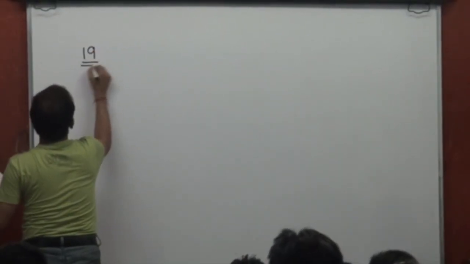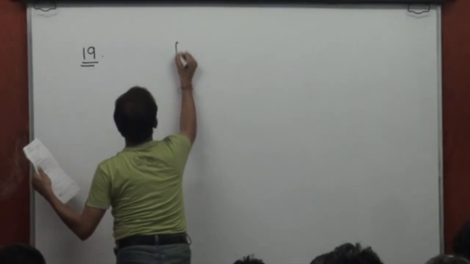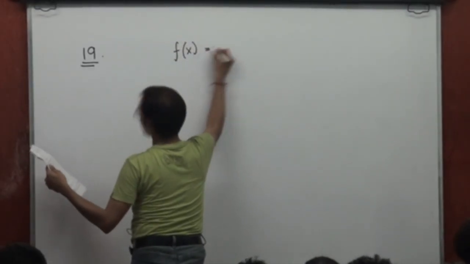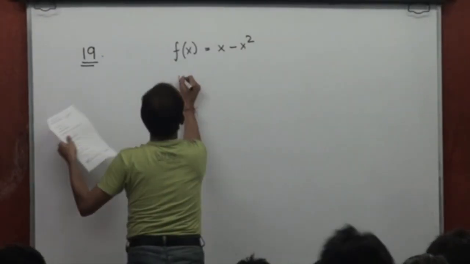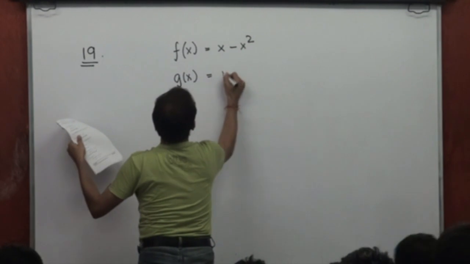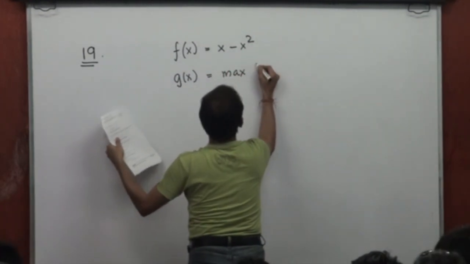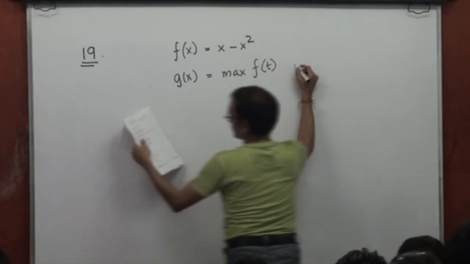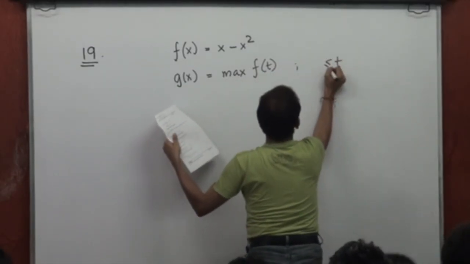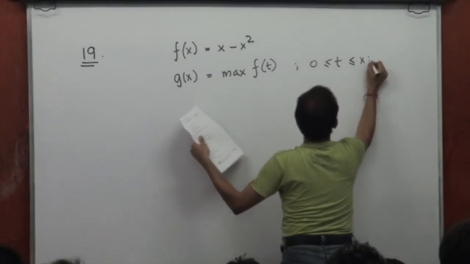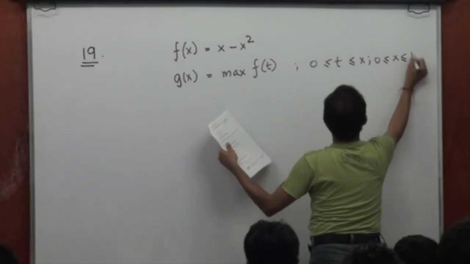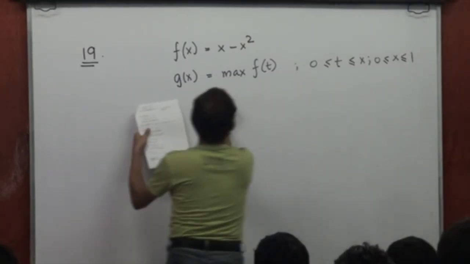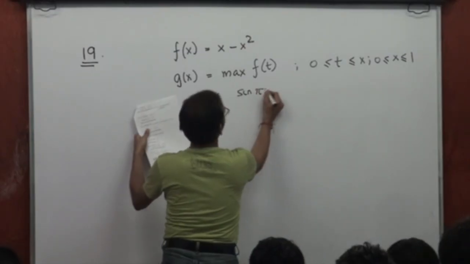Alright, so we stopped at 18. f(x) is x minus x squared, g(x) is the maximum of f(t), t greater than or equal to 0, less than or equal to x, for x greater than or equal to 0, less than or equal to 1, and is sine pi x.